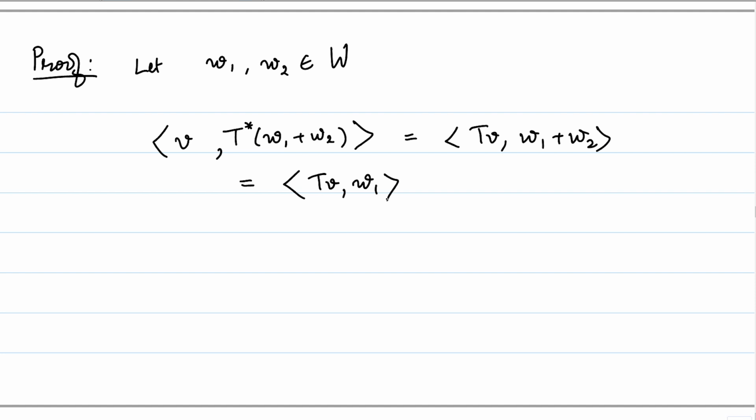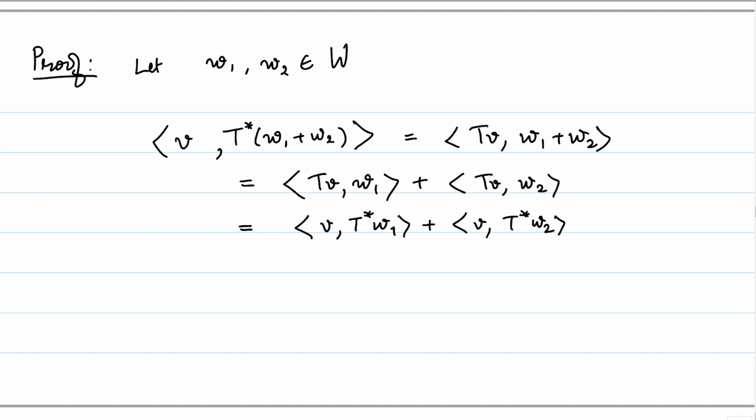But we know that by the property of the adjoint, which we have just defined, this is the inner product of V with T star W1. Notice that we have now moved over to an inner product in capital V. Plus the inner product of V with T star of W2. And by the properties of the inner product in capital V, this is the inner product of V with T star W1 plus T star W2.